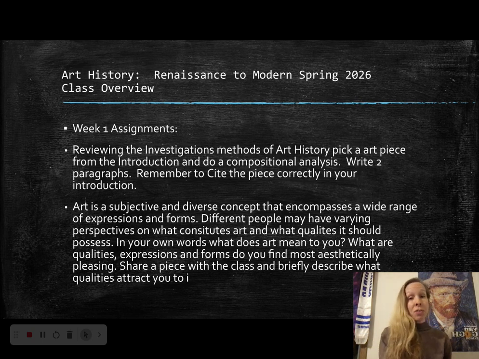It can be a piece from the introduction if you want, because the slideshow will be posted. You can pick one of those art pieces, or you can pick an art piece just like last semester. Some students chose artworks to talk about from a museum visit that they really enjoyed, or they talked about their favorite song.